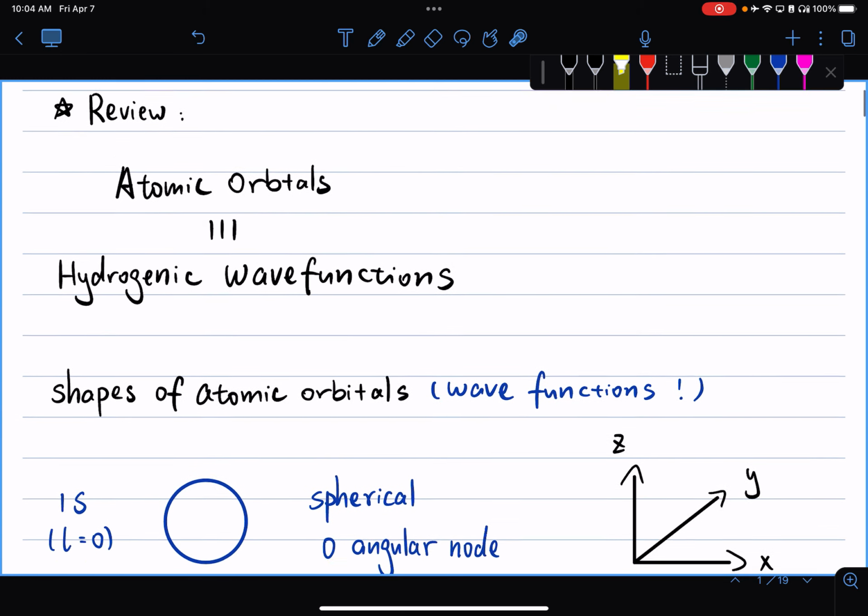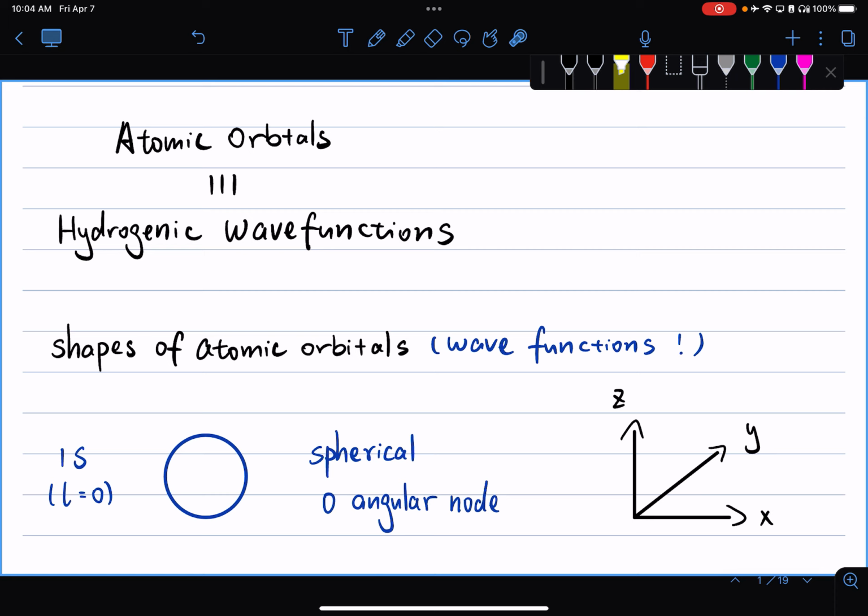Before we talk about any quantum mechanical bonding theories, the first thing we want to know, again, is atomic orbitals. We went over that review in our lecture 1, where we're trying to make you understand one thing: atomic orbitals are hydrogen wave functions.